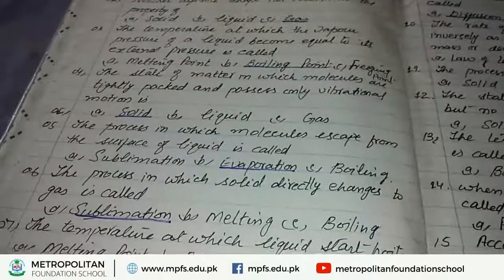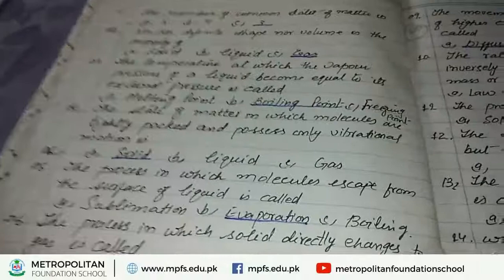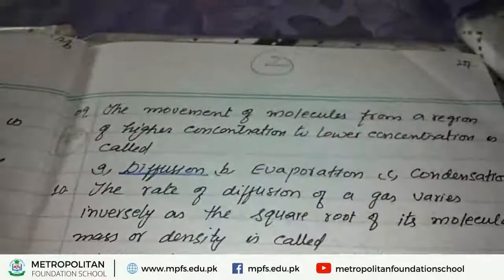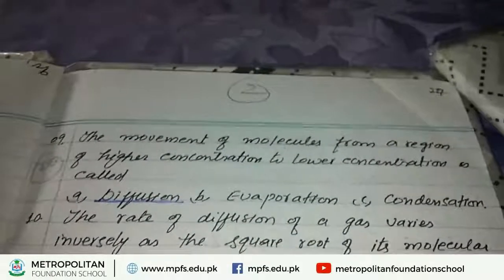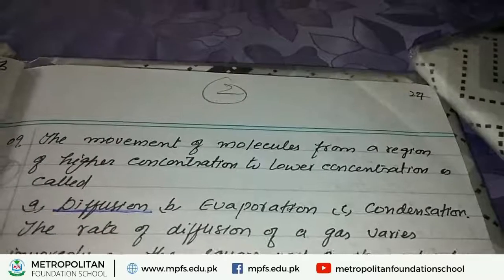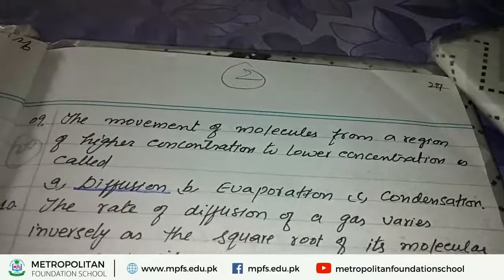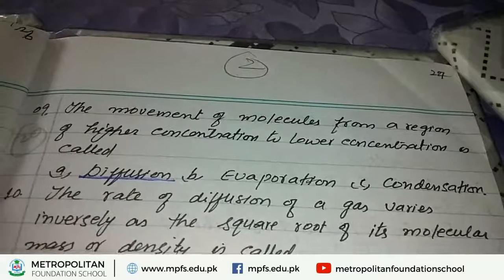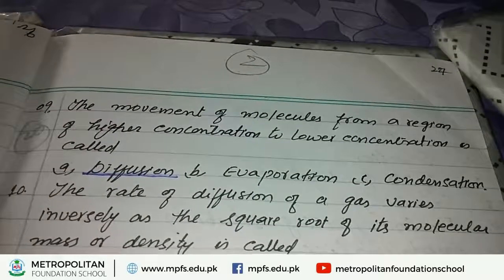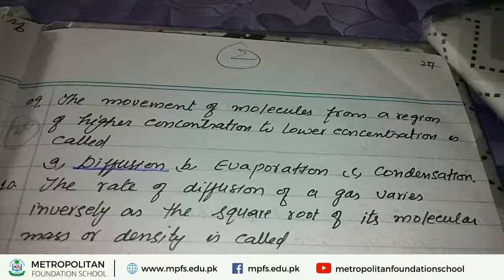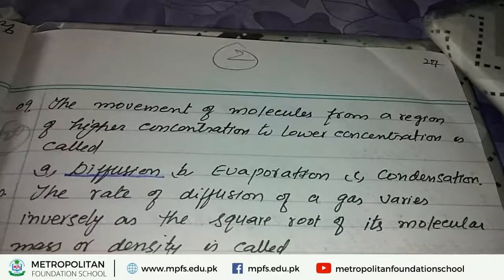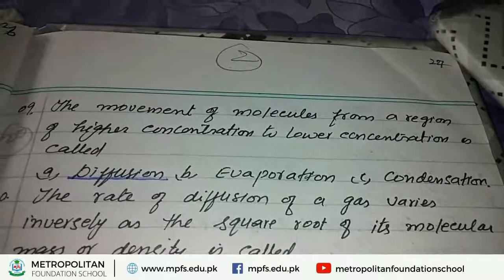Now, next, the movement of molecules from a region of higher concentration to a lower concentration is called. Option A diffusion, option B evaporation, and option C condensation.